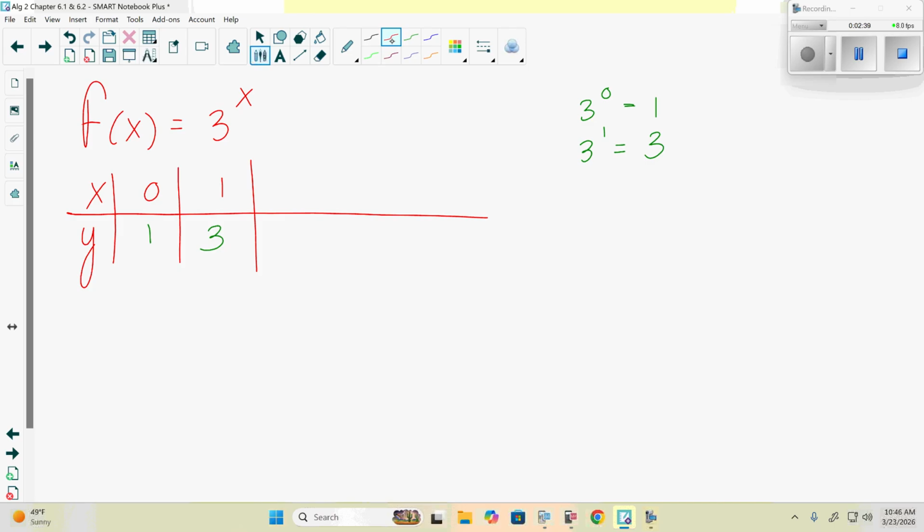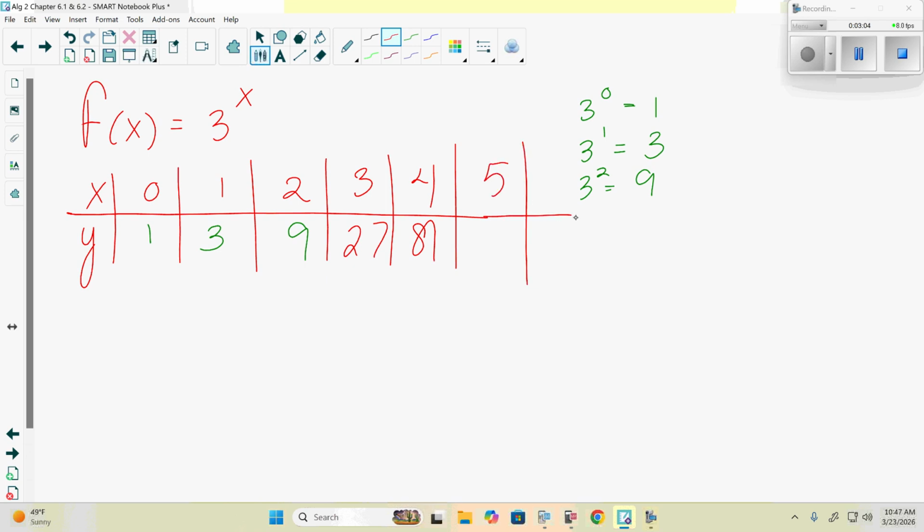We've increased by 2. Now, when x is 2, we're looking at 3 to the second, 3 squared, which is 9. Okay, we've increased by 6. Now, 3 to the third power is going to be 27. 3 to the fourth is 81. 3 to the fifth power is going to be 243. So as we can see here, we increased by 2, 6, 18, and that would be 54.